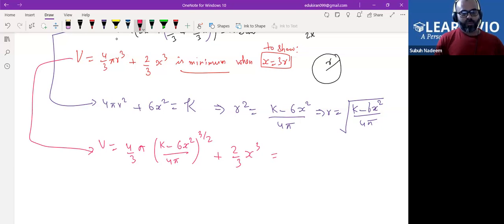So this will become (k minus 6x square) to the power 3 by 2 upon 4 pi to the power 3 by 2, and 4 pi to the power 3 by 2 will become 8 pi root pi, plus 2 by 3 x cube.